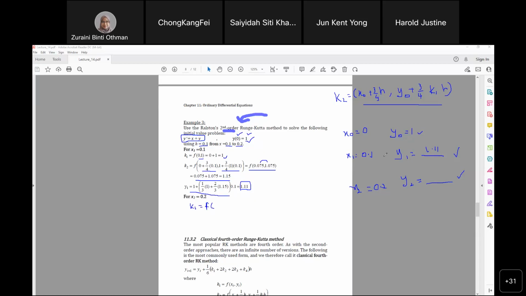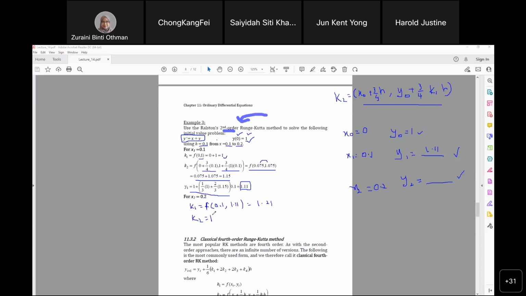X1 and Y1 we already got here, which is 0.1 and the other one is 1.11. Okay, after we get these 2, we know our original equation, so we can add. It is 1.21, right? Correct?